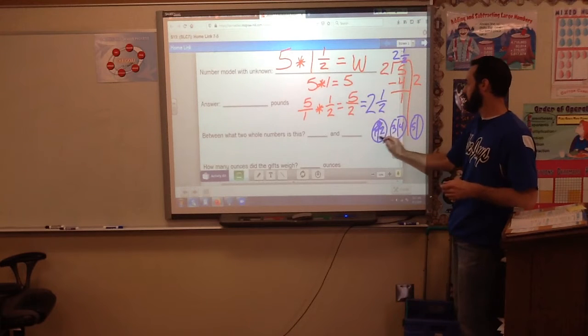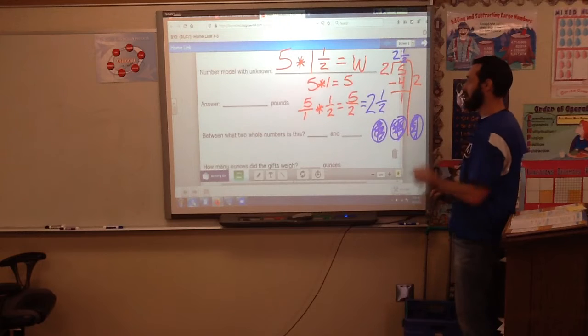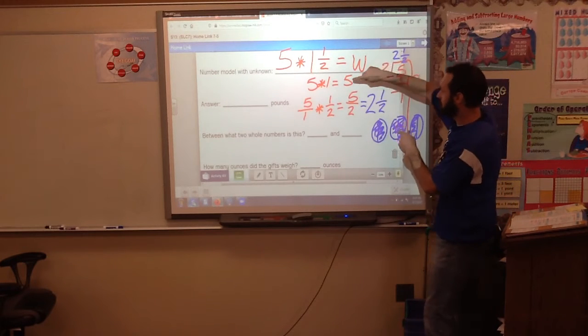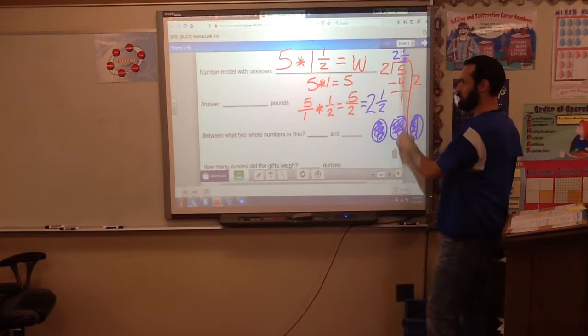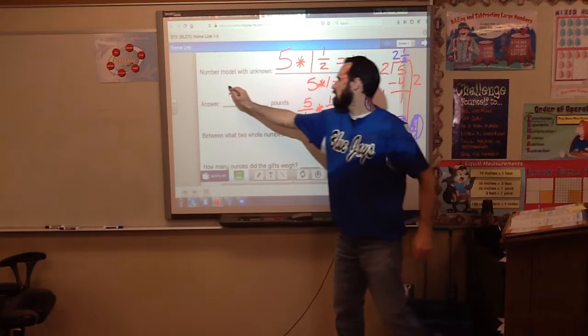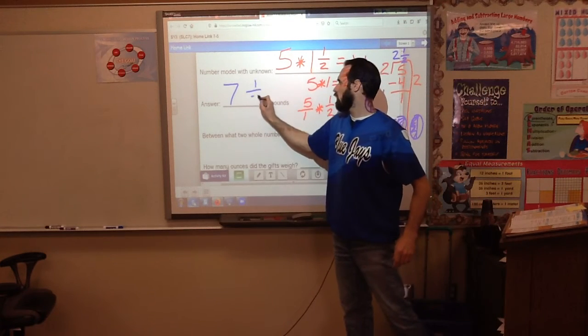We'd have to color in all of that, and half that. 2 wholes, 1/2. So now the last step is to combine 5 and 2 and 1/2. That's just adding. 5 plus 2 is 7, and then you have your 1/2.